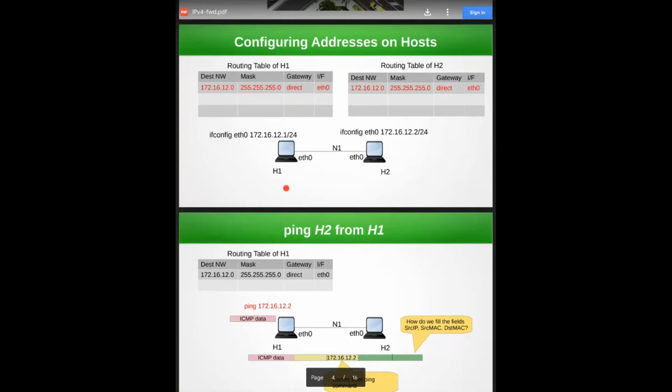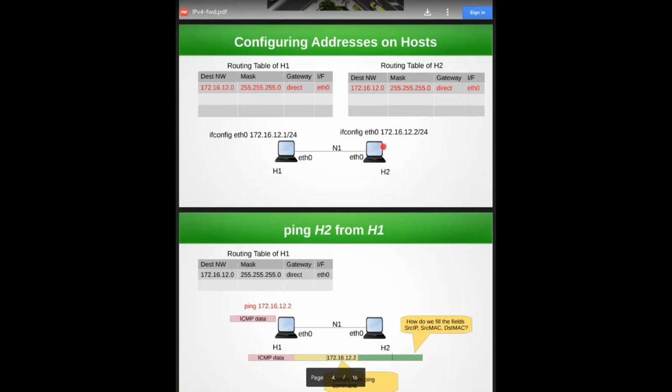Okay, so we have here an example of two machines, H1 and H2, which are connected to a common network, which means that they're both in the same local area network, right?